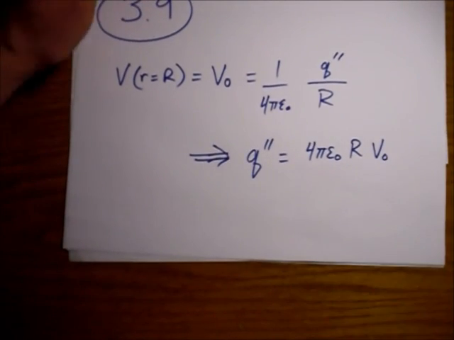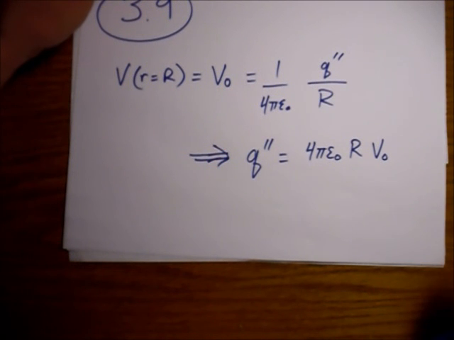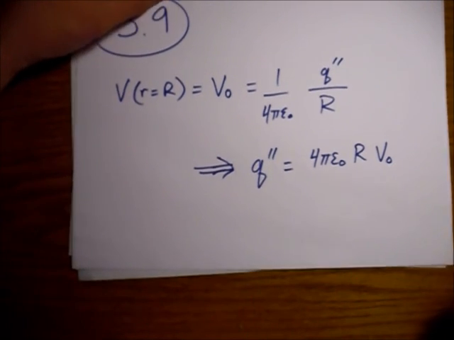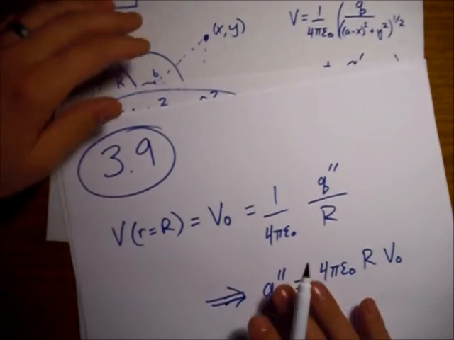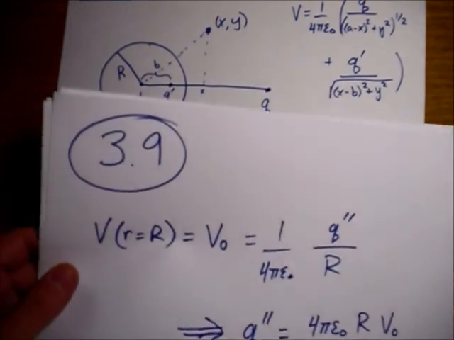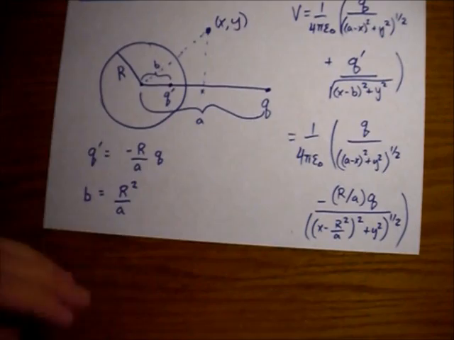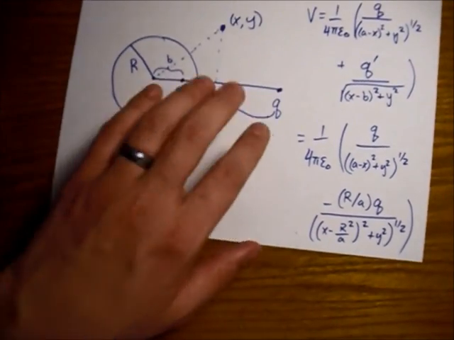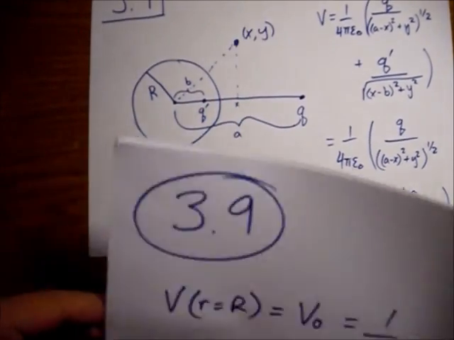Alright, now what we want to do is find the force of attraction between a point charge q and a neutral conducting sphere. If you look up at equation 3.18, it'll give you the previous case and what we would get for the force of attraction.